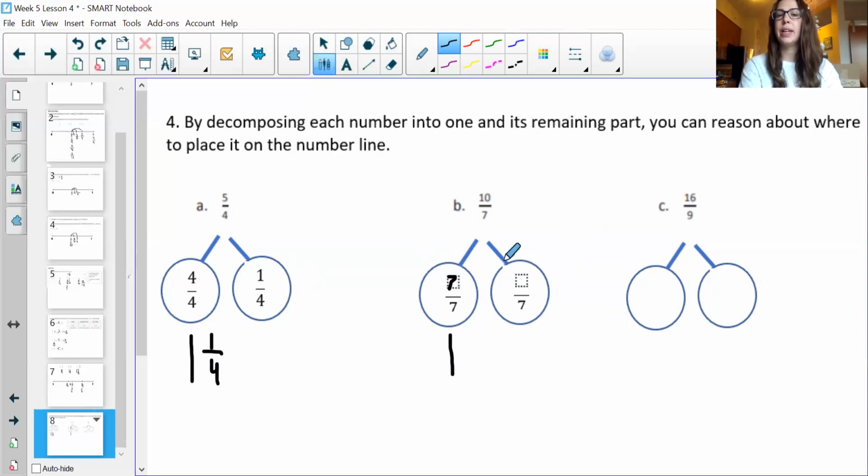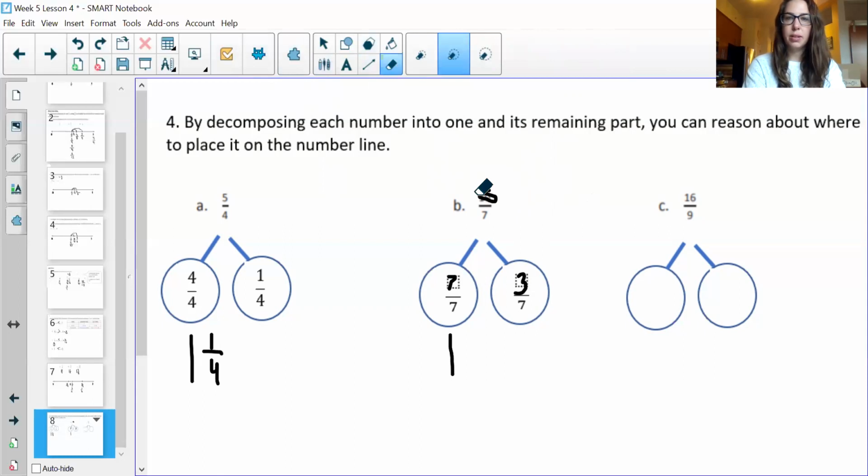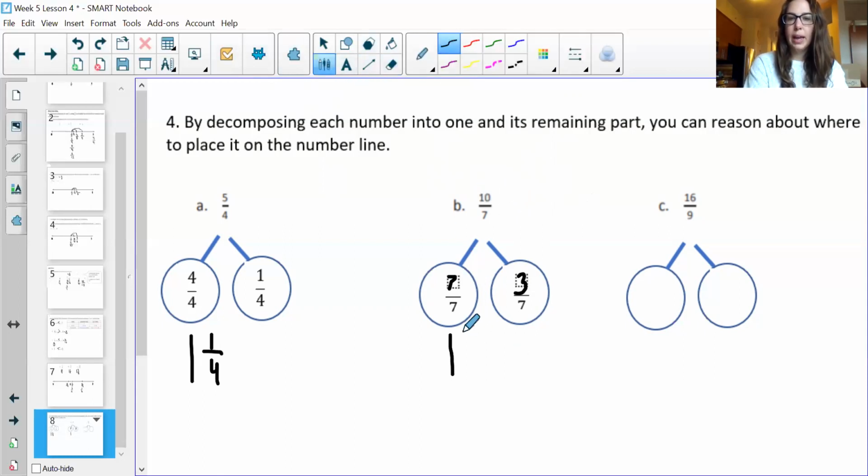Then we ask ourselves, how many sevenths are left to get to 10/7? And it's 3 because you add 3 to 7 to get 10. So if you add the numerators together, they should give you the numerator up top. I'm going to erase that because I just blocked out the 10. So that means I have 1 and 3/7.